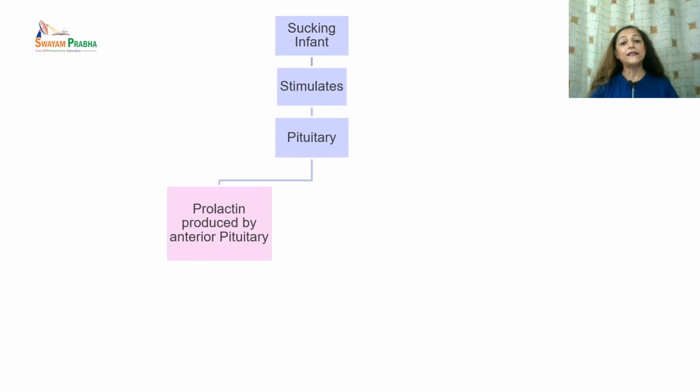The sucking of the infant starts and contributes to milk production by the mother. The sucking of the infant stimulates the pituitary gland of our body and it produces two types of hormones. The first hormone is prolactin, which is produced by the anterior pituitary, and this stimulates milk production in the alveolus of the breast.